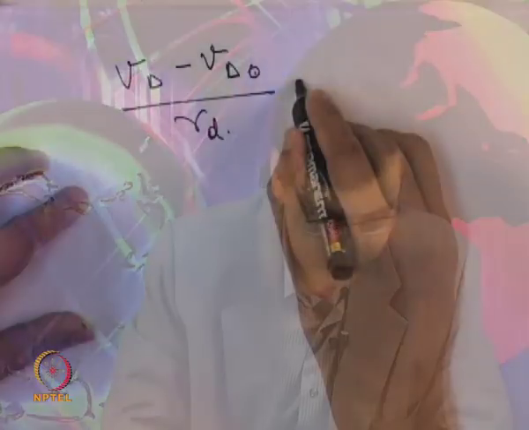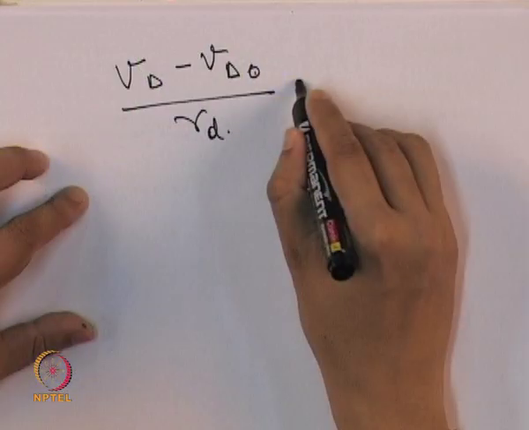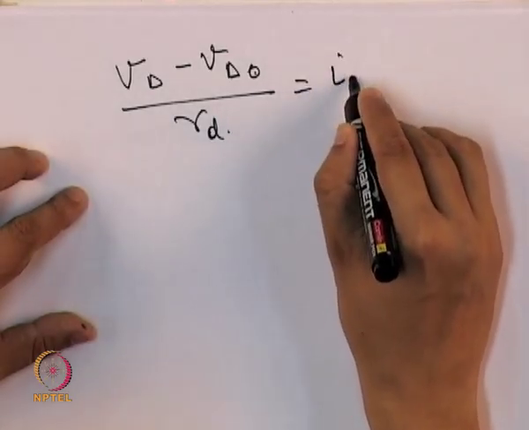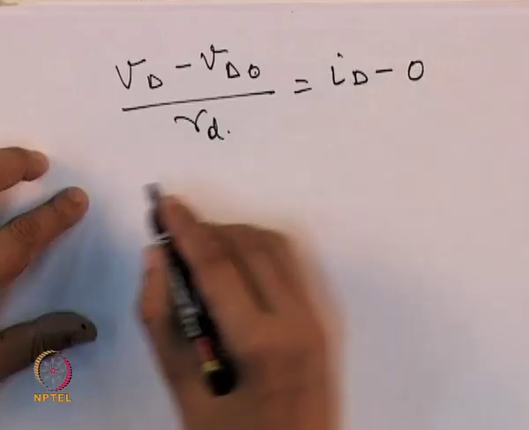V d minus V d 0 upon R d, since R d is the slope, will be equal to I d minus 0.